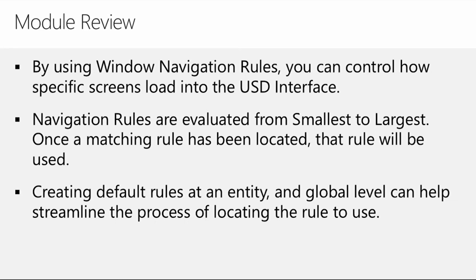But in those rare situations where I want to work on it in a different scenario, I just create that very specific rule, define a lower number, and that gets used in those rare situations. Default rules at an entity and a global level can really minimize and make it easier for you to get the desired functionality, but not have to have 700 rules to achieve that functionality in the application.